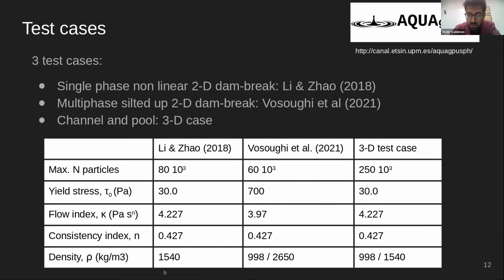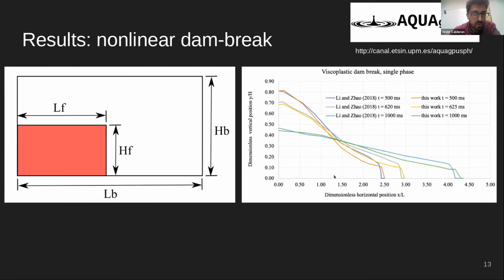And we also can change the density. And you see that, for example, for the multi-phase, we have ratios not over 3. So they are quite low density ratios.